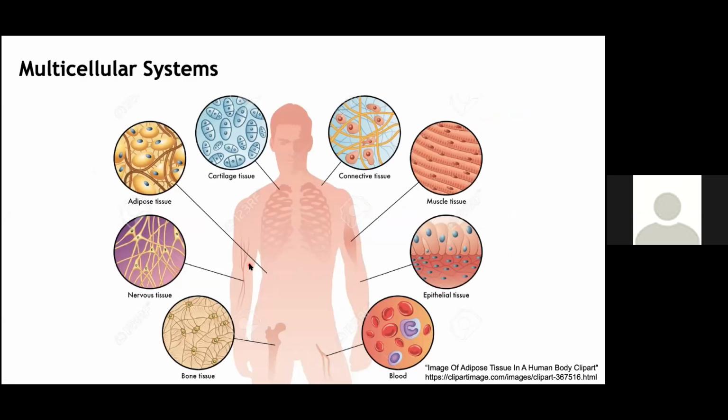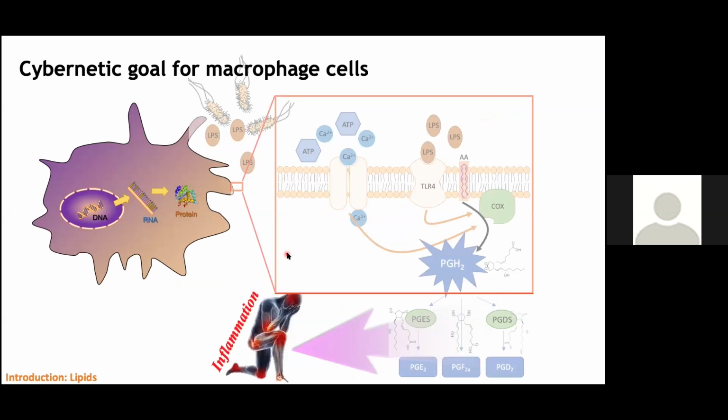Cybernetic models for simple bacterial systems are possible, but in order to understand complex systems, we should think about the overall goal of an organism. Here, the overall goal of an organism is survival, but not for the individual cells. The individual cell's goal is not to survive, but to do its functions. Using that as information, we are trying to find the cybernetic goal for macrophage cells.